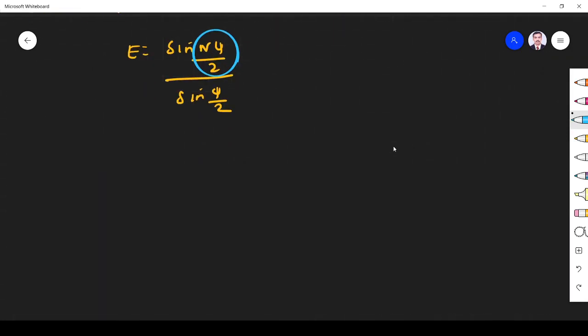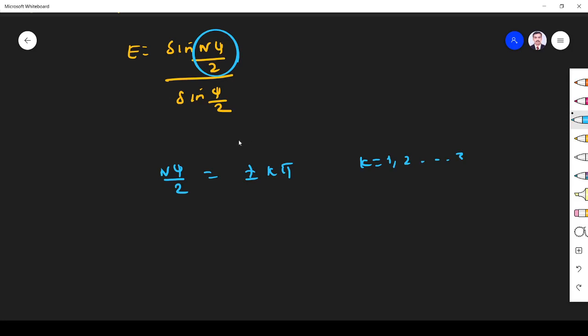So for minimum value, n psi by 2 should be equal to plus or minus k pi, where k is equal to 1, 2, 3 and so on.